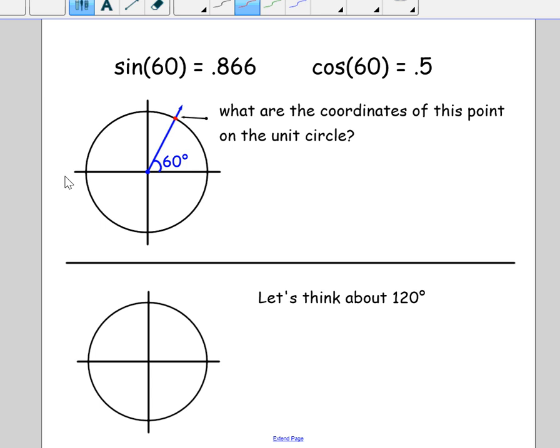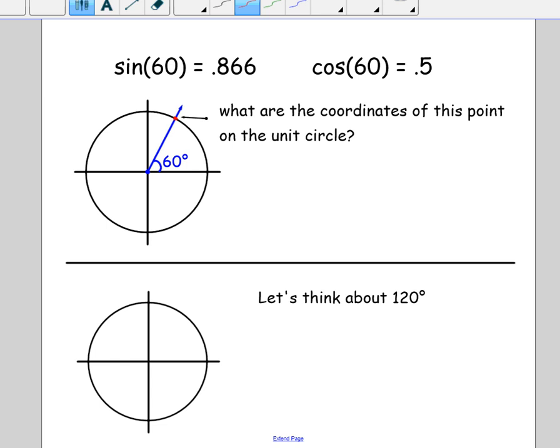If we looked at just 60 degrees, we know that sine of 60 is 0.866 and cosine of 60 is 0.5. What are the coordinates of this red point on the unit circle where the terminal ray of 60 degrees hits the unit circle?